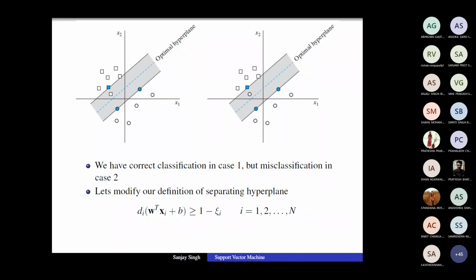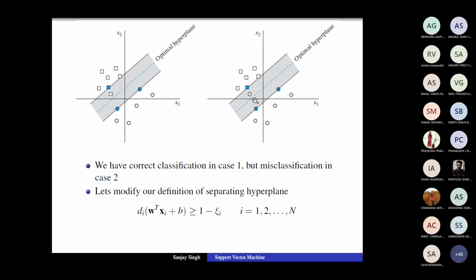Now, to measure this, we have to modify our separating hyperplane condition to some extent. We want to know how far this particular point has deviated from its ideal position. The ideal position is from here to here; what is the distance?